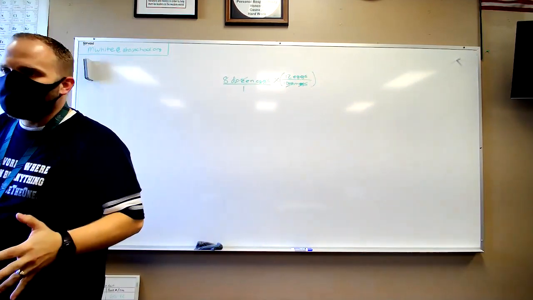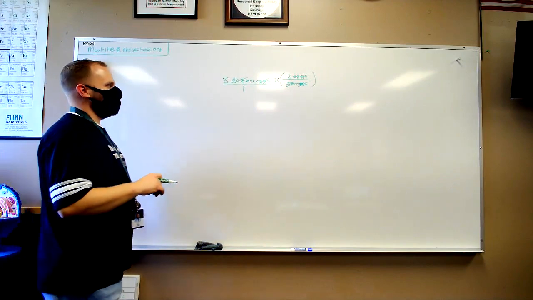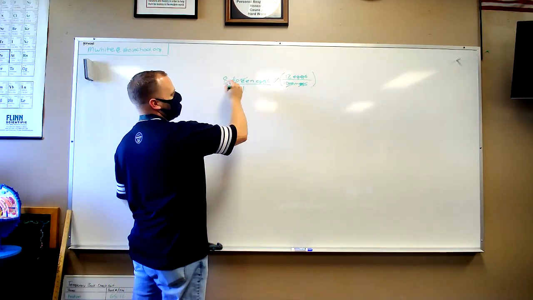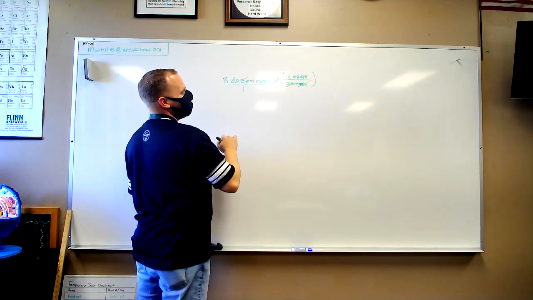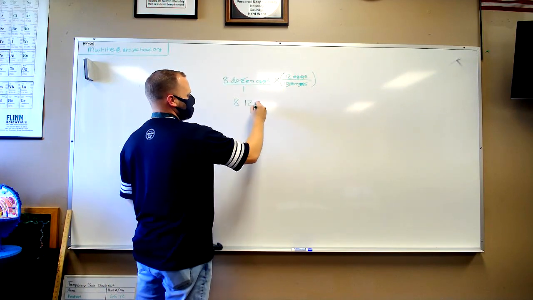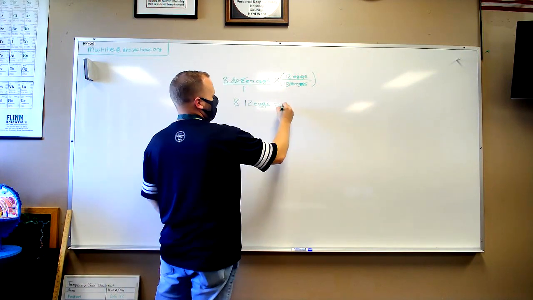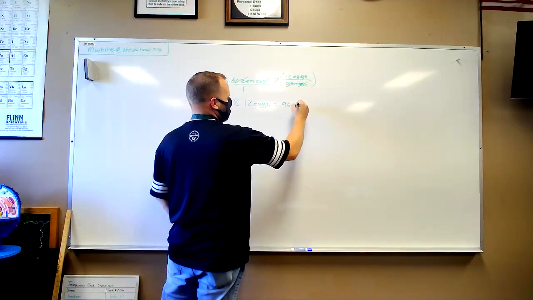So how many eggs are in 8 dozen? All of these other units have gone away, and all we have to do is take 8 times 12 eggs, because all of the other units are gone, and we get 96 eggs.